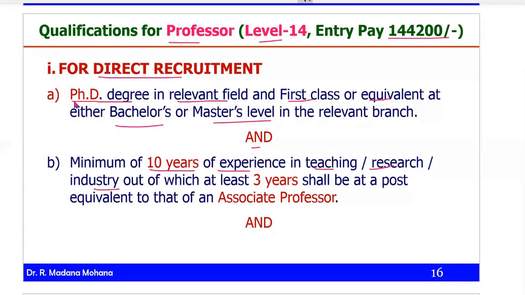So together or any one itself, total 10 years of experience, out of which at least 3 years shall be at a post equivalent to that of associate professor. So at associate professor, minimum 3 years of service is required. Then overall experience 10 years.